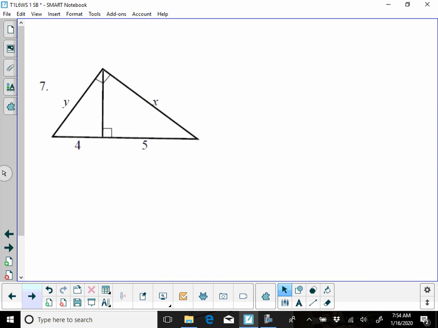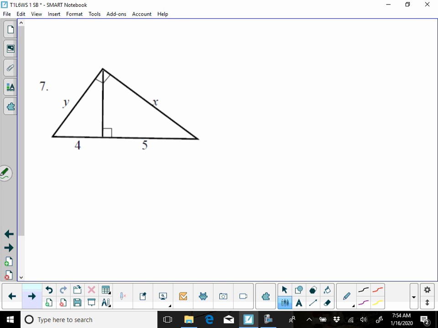All right, so like here on number 7, I don't know the height yet. But I can, in fact, find the height using that song as well.